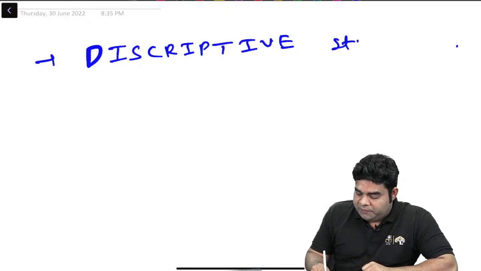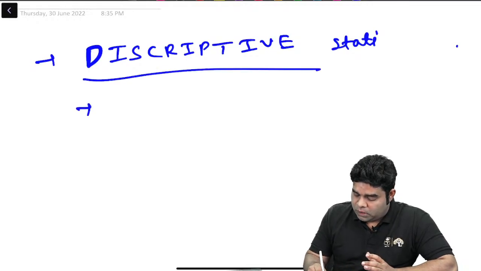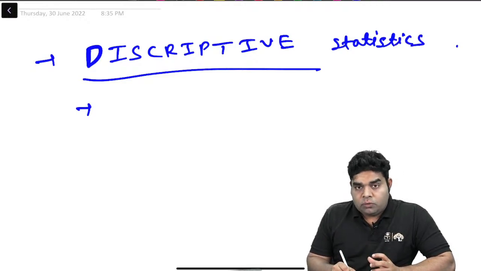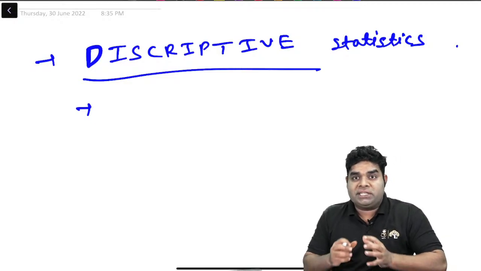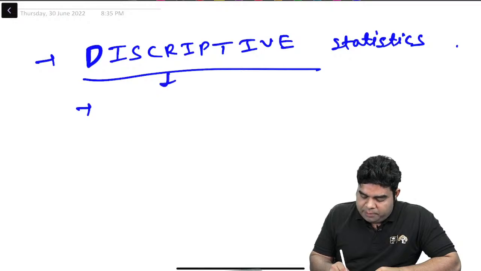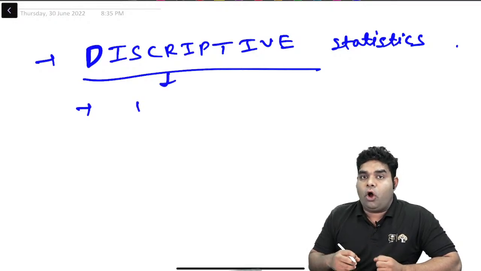So descriptive statistics means you are collecting data and you are trying to describe what is in the center of the data, how much the data is varying from each other. So descriptive study means it is just describing an observation.